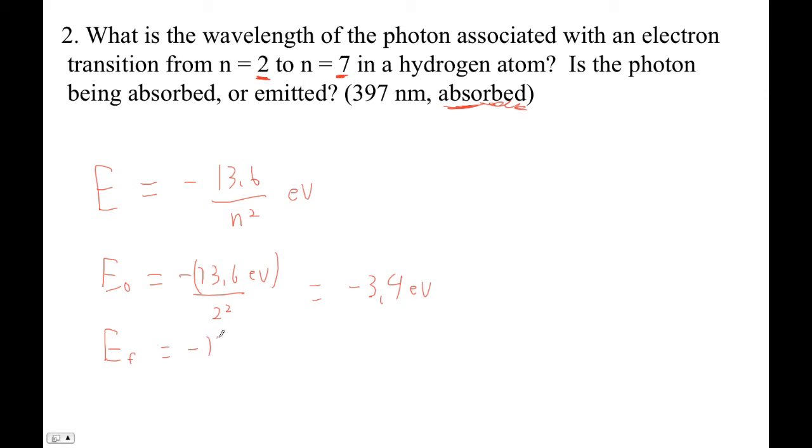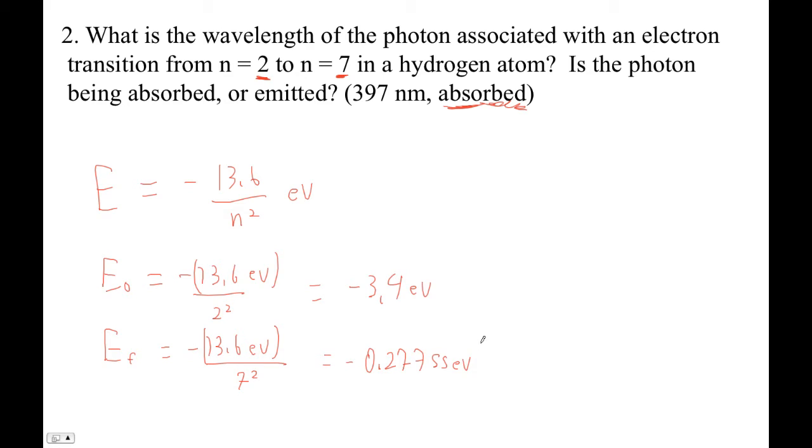And the final energy is minus 13.6 over 7 squared. 13.6 divided by 7 squared is negative 0.27755 electron volts.